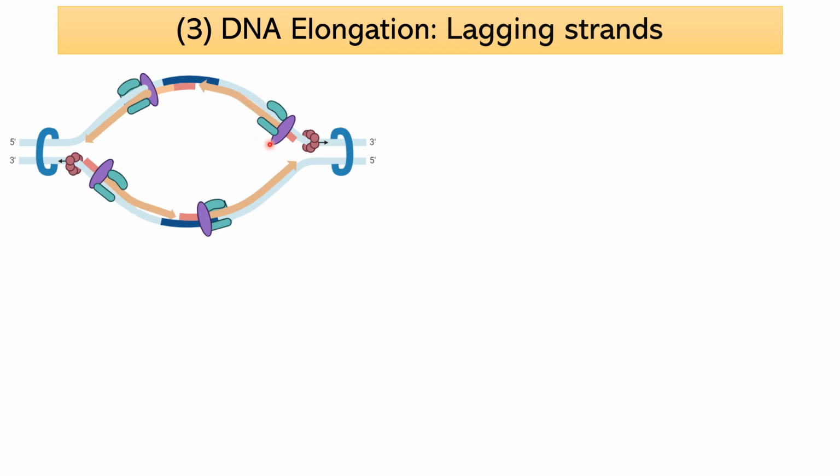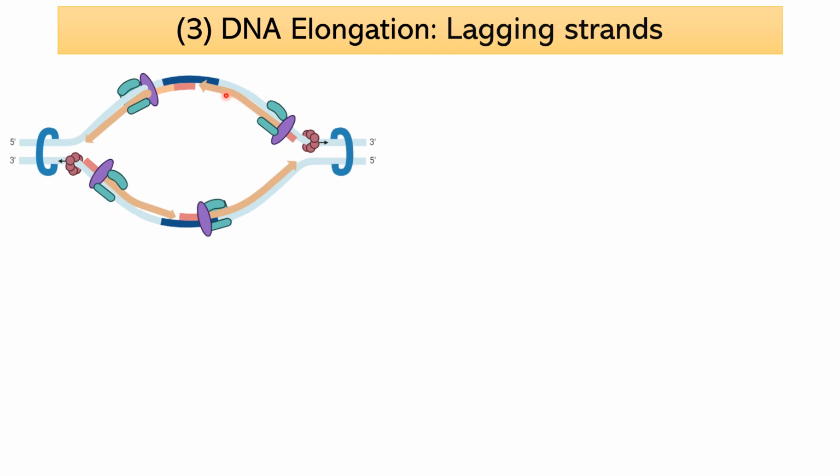As this DNA template becomes naked, the primase will also bind. After binding to the origin of replication and starting the DNA replication, primase will bind to another naked DNA and then synthesize a short RNA primer. Then DNA polymerase will bind to the primer and start synthesizing the new DNA strand.